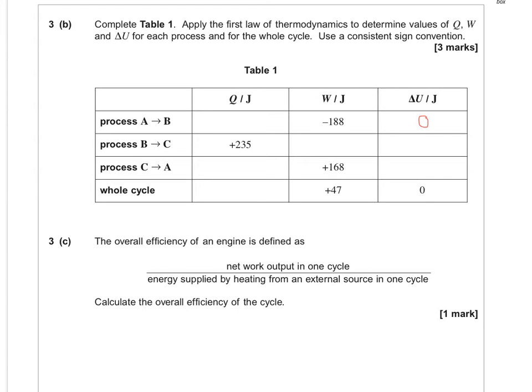What was the other process? Let's have a look back. We had an adiabatic from C to A. That would mean Q was 0 in there. Okay, so then what else?